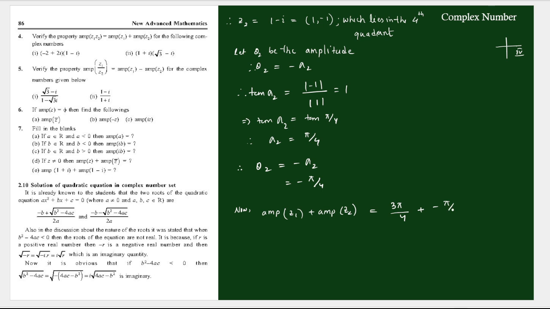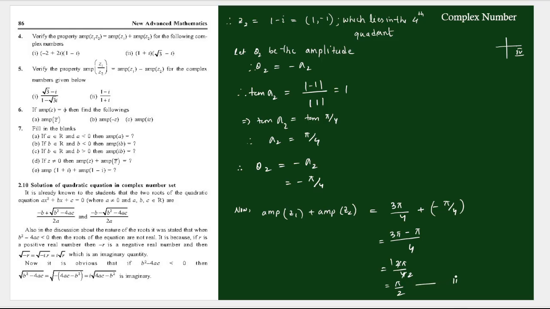Minus pi by 4. तो it will become, take 4 as LCM, 3 pi minus pi, and this is how much? 2 pi by 4. 2 cancel, we got how much? इतना नीचे लिखते हैं, 2 pi by 4. This is how much? Pi by 2.